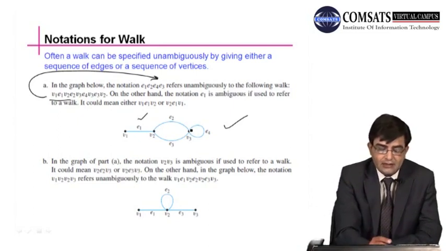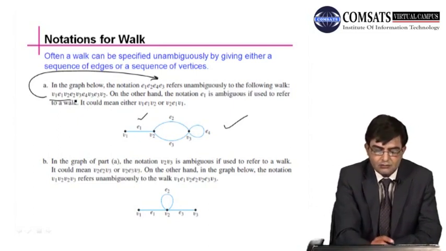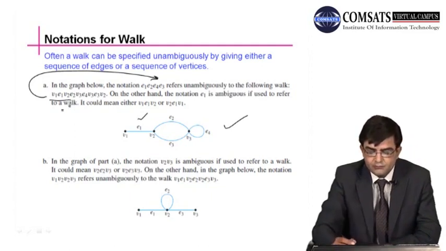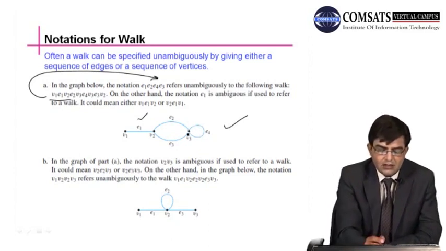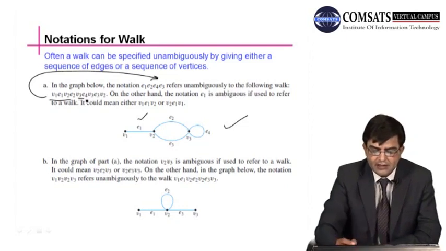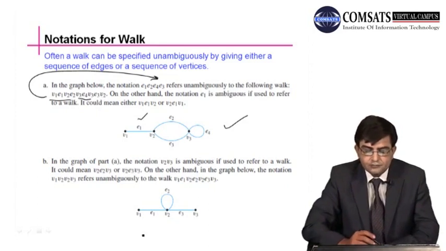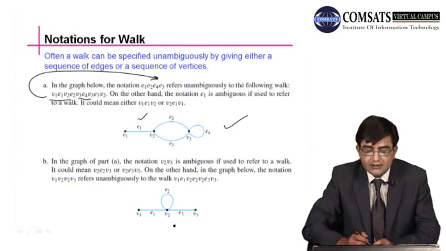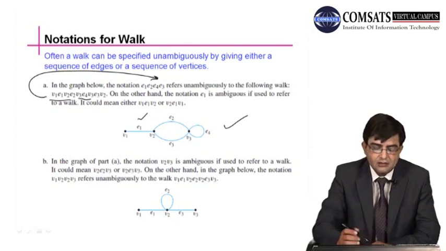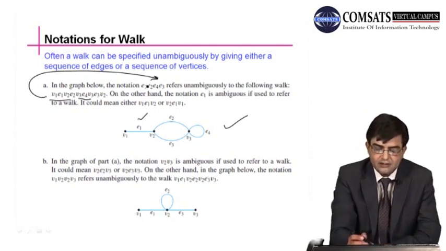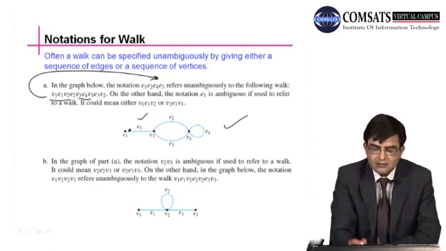So here he has written V2, E2, V3, and then V3, E4, V3, and then V3, E3, V2. So this is basically a walk, and this walk can also be written as E1, E2, E4, E3.